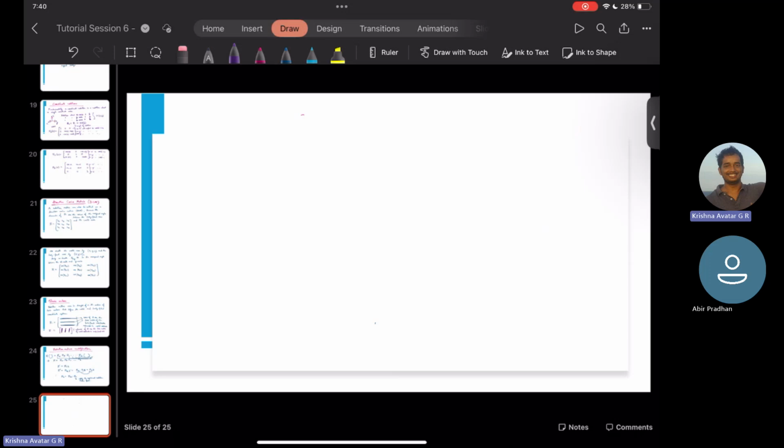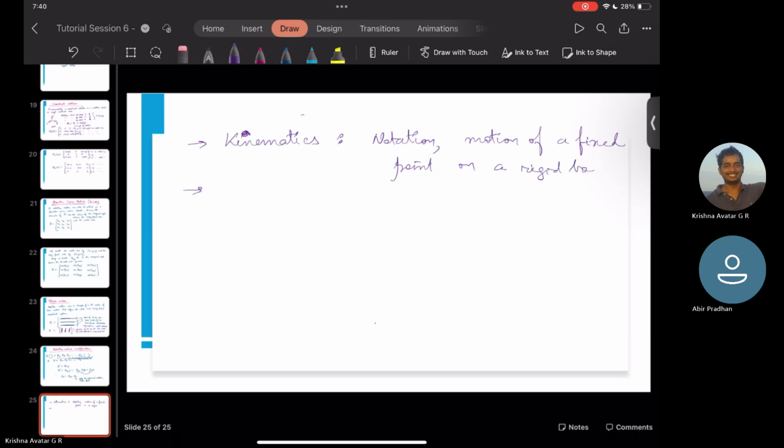So in the next section, we will be discussing kinematics, and then we'll be talking about the notation, right? And then also about motion of a fixed point on a rigid body. Right. And then if time permits, we will also discuss finite difference approximation.